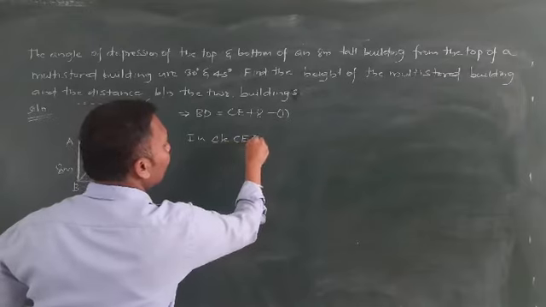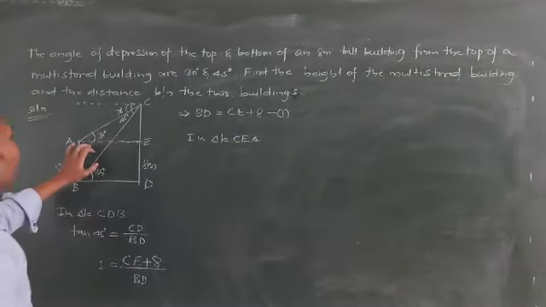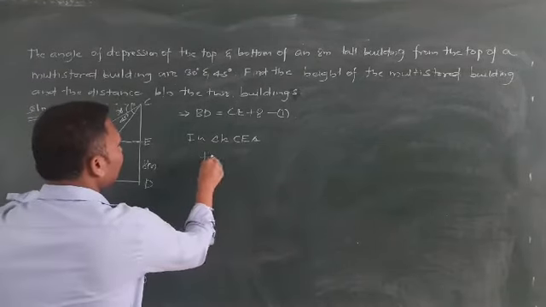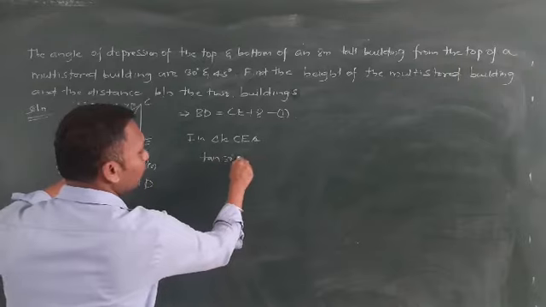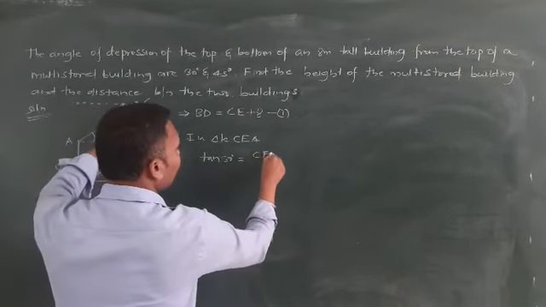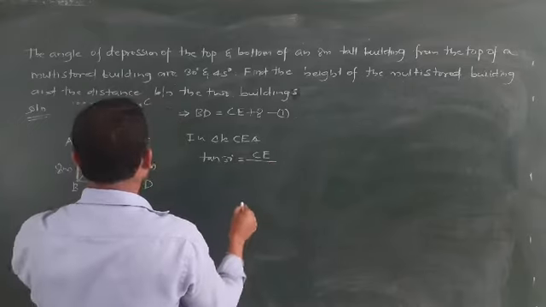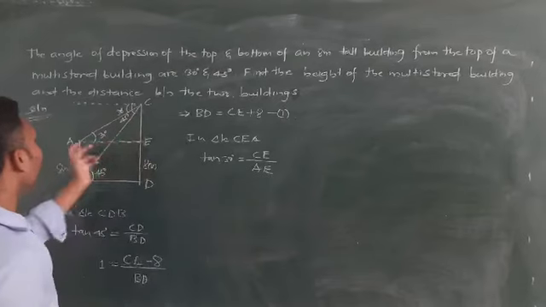So if I consider the triangle CEA, in this I'll apply again the proper trigonometric ratio, tan of 30 degrees. Tan of 30 degrees is equal to CE by AE.